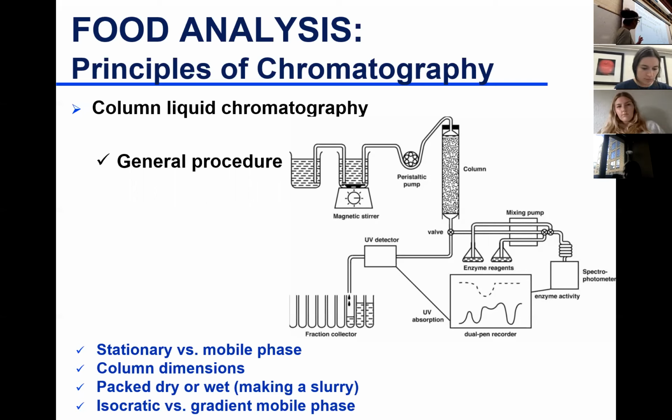Okay, so to do a gradient elution or separation, you sometimes have two mobile phases. Sometimes you need a third or a fourth, depending on how you're changing the concentration over time. Sometimes you need 2 different organic phases or 2 different salt concentrations.